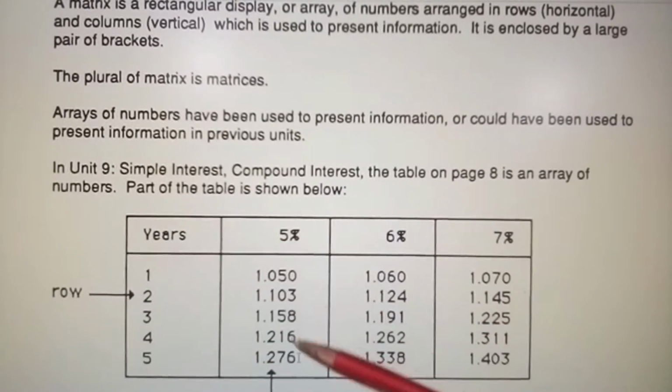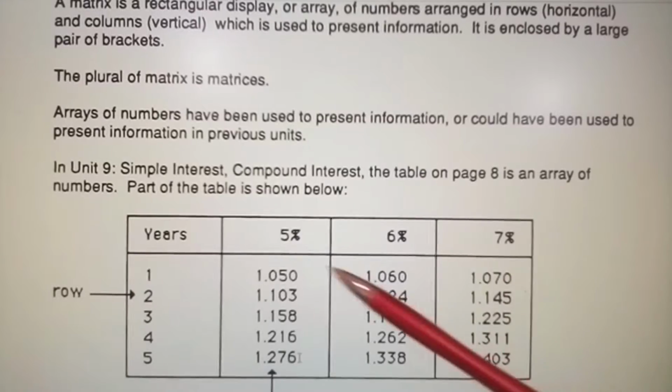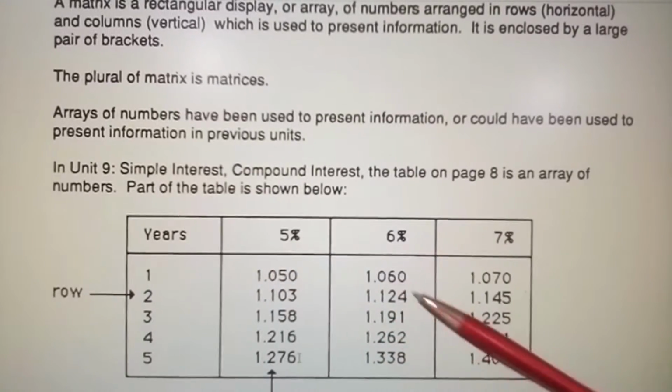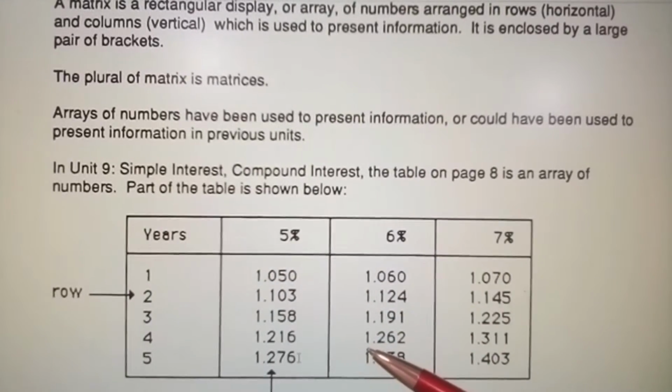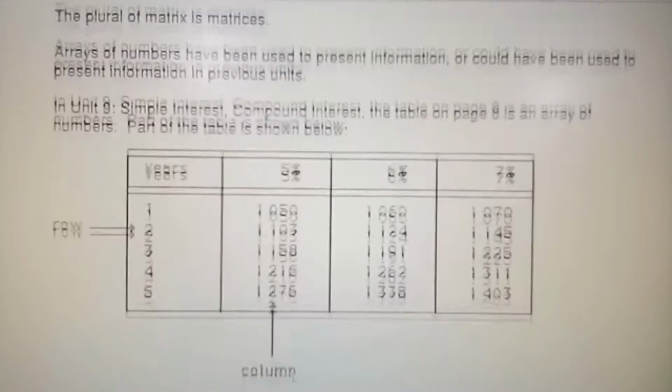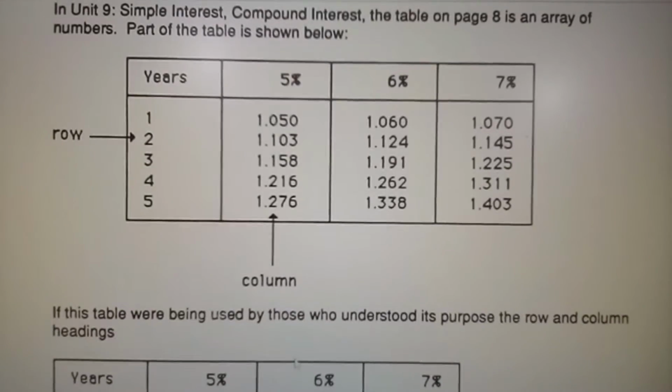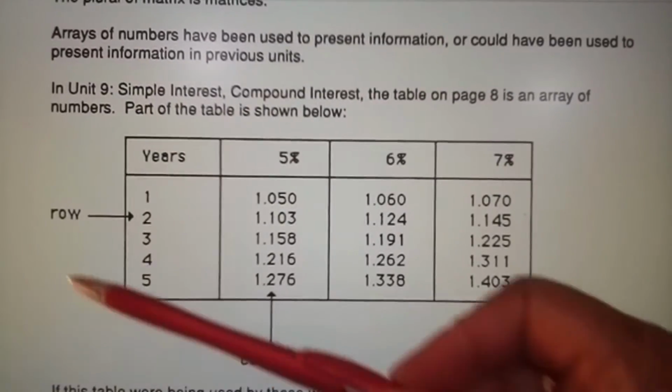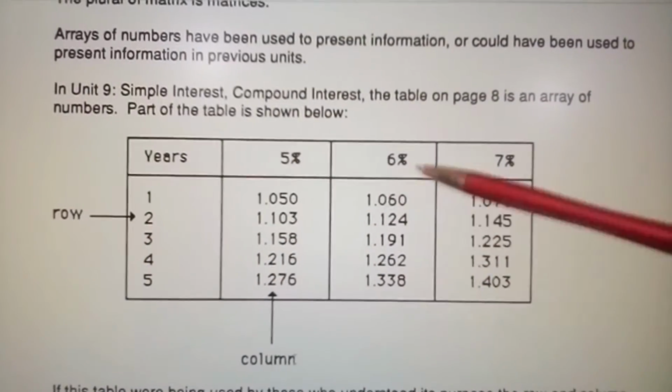Years, 5%, 6%, 7%. This will be the growth in respect of your annual interest rate, which would be applicable. Now look carefully here that you have your rows going across and your columns coming down.